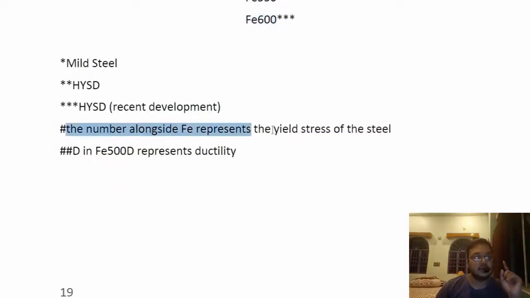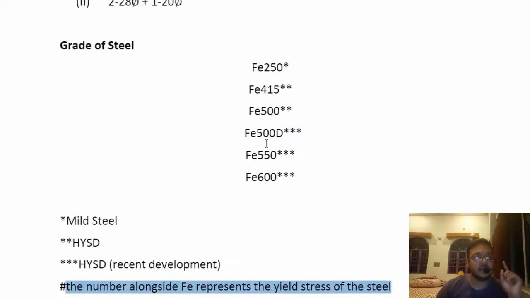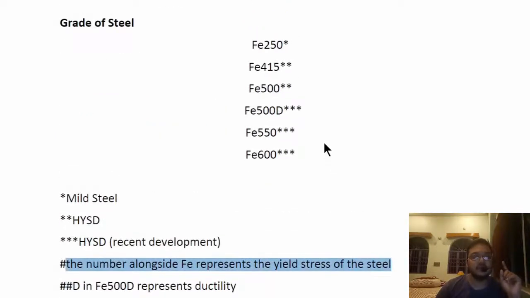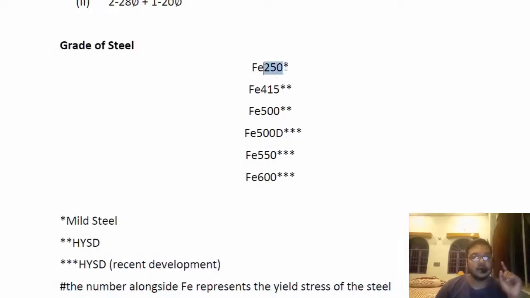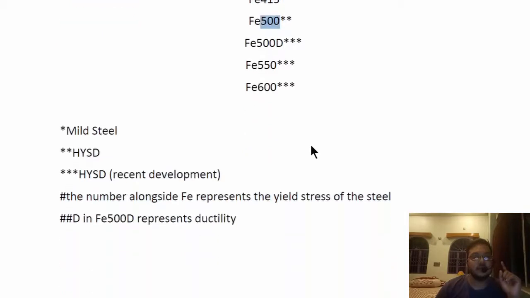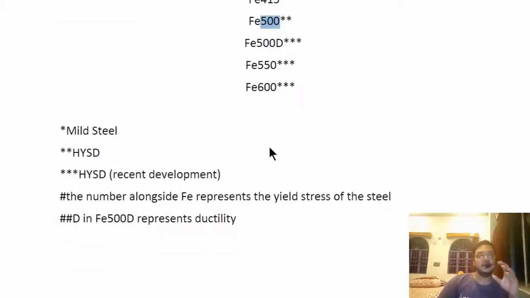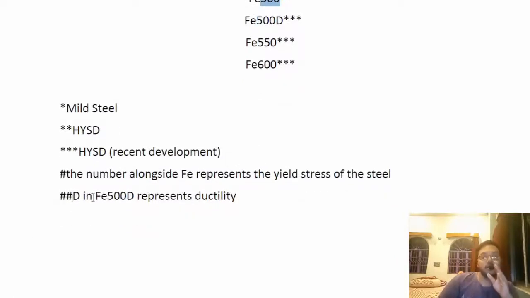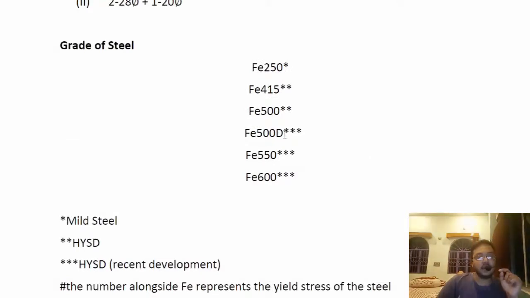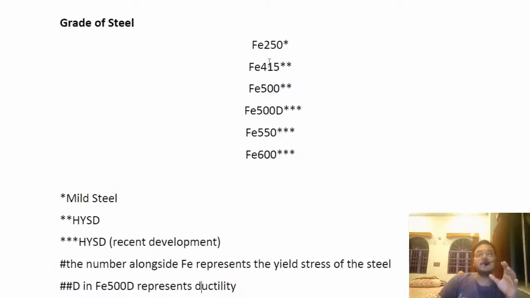The number alongside Fe, that is Fe 250, Fe 415, 500, actually tells us the yield stress of that particular steel. And the D in Fe 500D represents ductility. So you can say that Fe 500D is a very ductile bar.